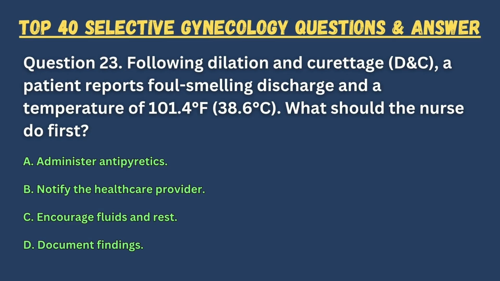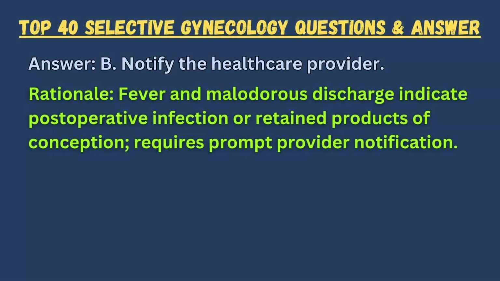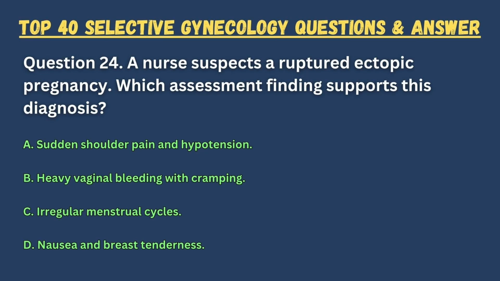C. Encourage fluids and rest. D. Document findings. Answer: B. Notify the healthcare provider. Rationale: Fever and malodorous discharge indicate postoperative infection or retained products of conception. Requires prompt provider notification.